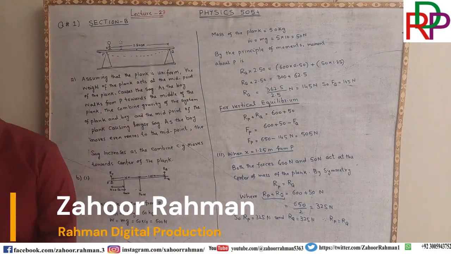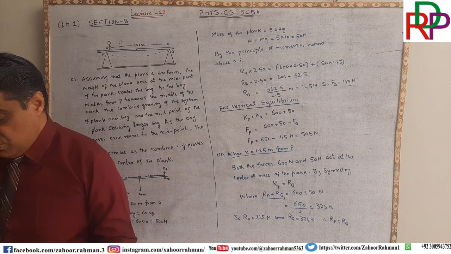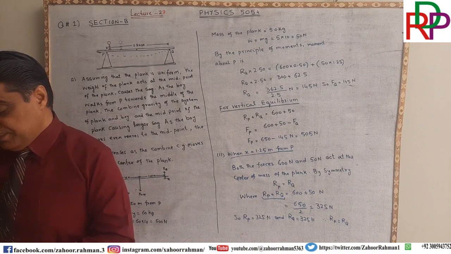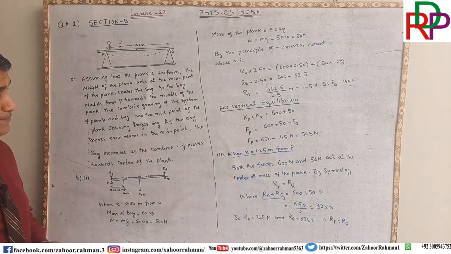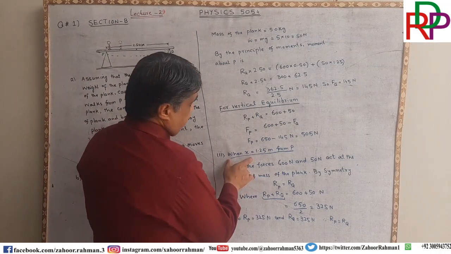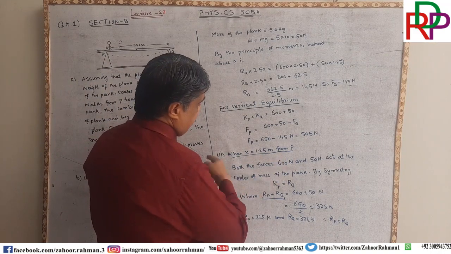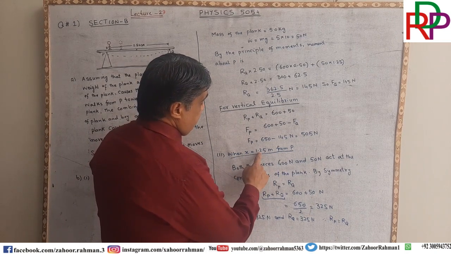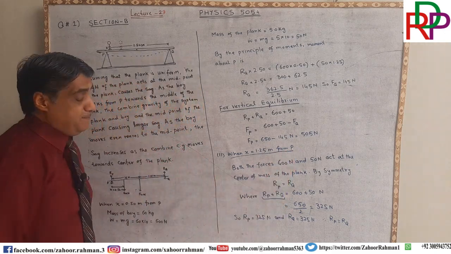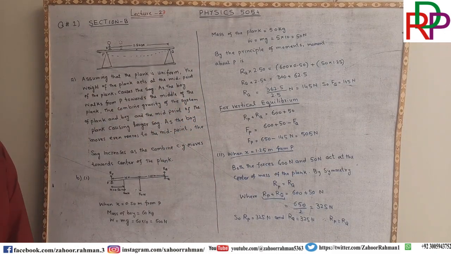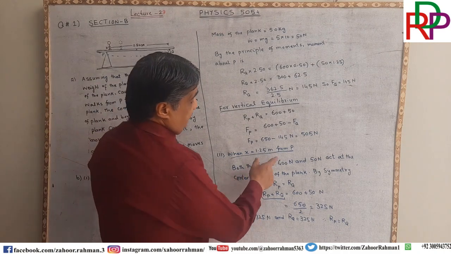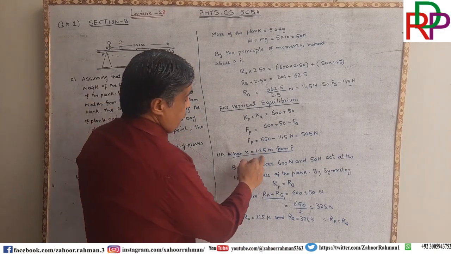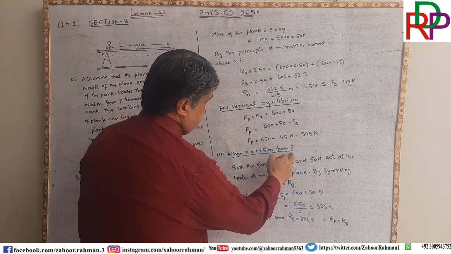Now the second part of this question is saying when the student is at 1.25 meter from trestle P. So I have written here when x, that is the perpendicular distance, when x is equal to 1.25 meter from point P, we have to find the force.